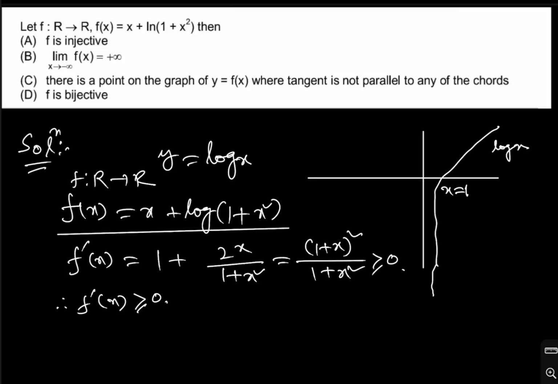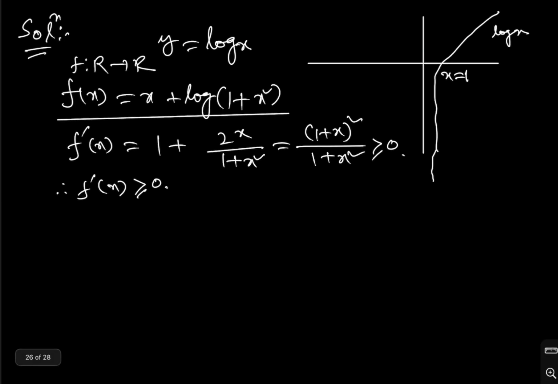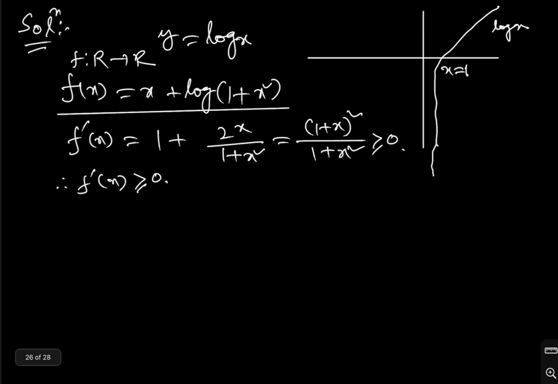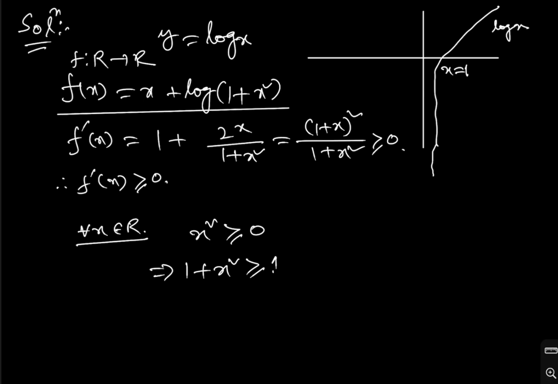So the given function, x plus log of 1 plus x square, is always an increasing function. And one more thing, students: for all real x, x square is always greater than or equal to 0. So 1 plus x square will always be greater than or equal to 1, and so log of 1 plus x square will always be greater than or equal to 0.